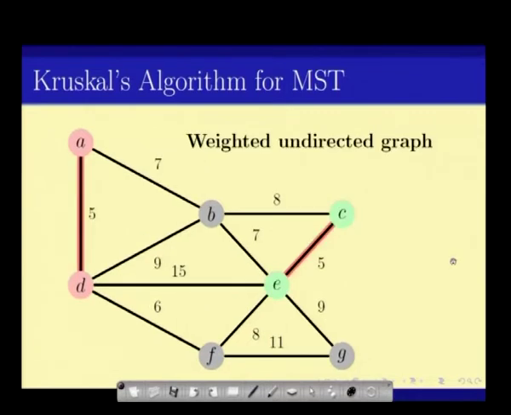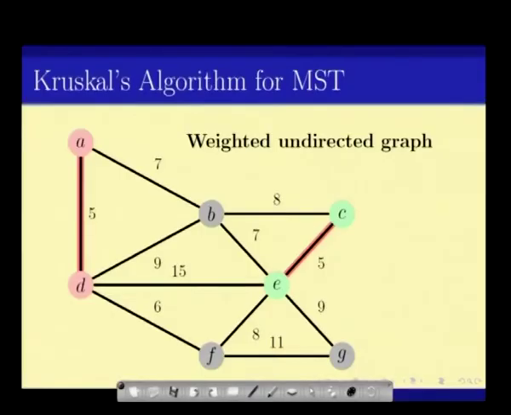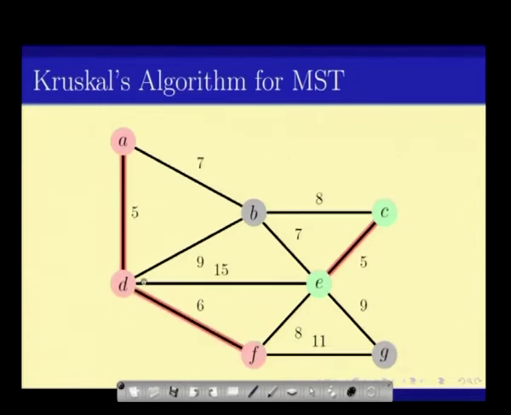We again pick that one and color its endpoints with a different color than AD. The reason is that we want to keep a tab on which nodes occur in which connected components. Let us pick the next one, which is DF. We pick DF, and DF does not cause any problem because it does not create a cycle, and more importantly I color F the same color as D.